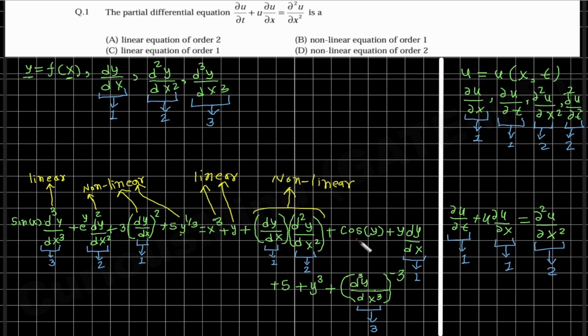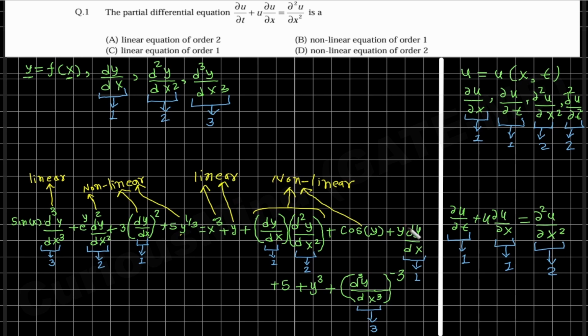We come to the fourth term, which is cos y, and this term is actually a function of y, and here y is not in an independent form, rather it is a functional form. So this term is making this exact differential equation a non-linear differential equation.